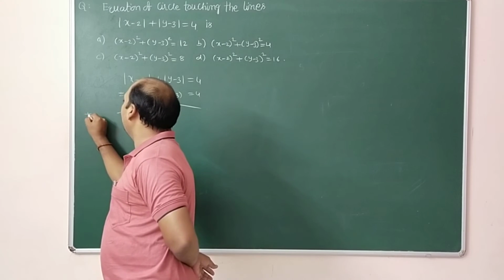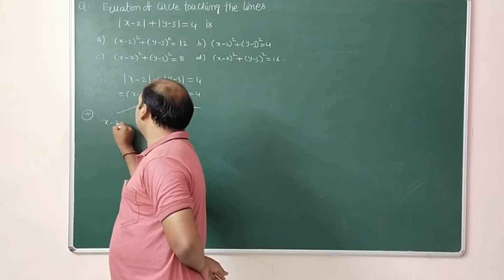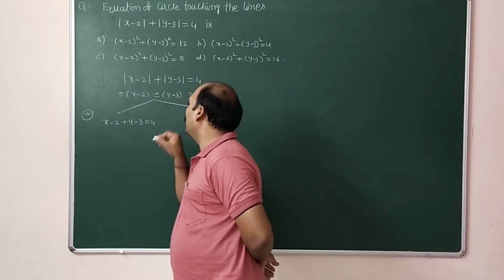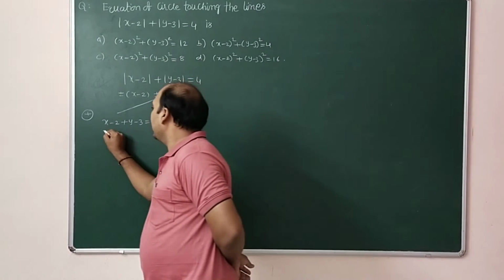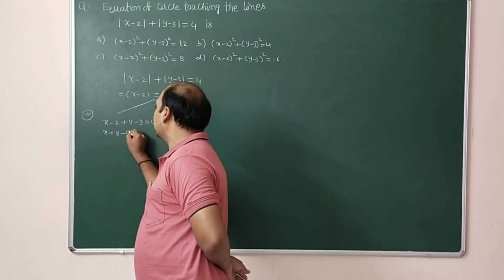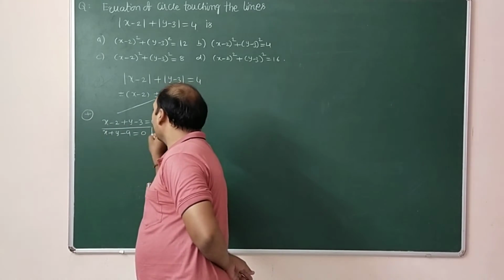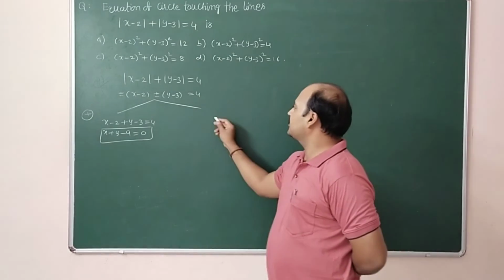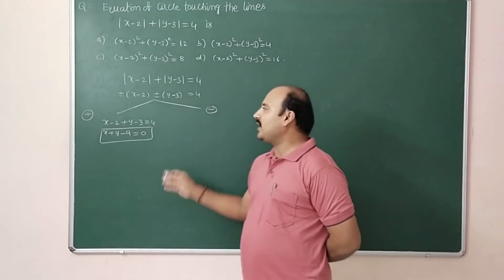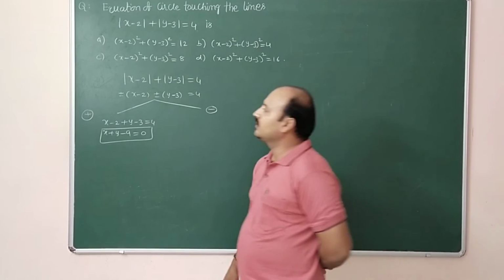So considering plus now, x minus 2 plus y minus 3 is equal to 4. So x plus y minus 5, plus 4 you can take to this side, minus 9 equal to 0. Come to the second one, if you consider minus. 4 possibilities are there, but I am taking only 2 possibilities.